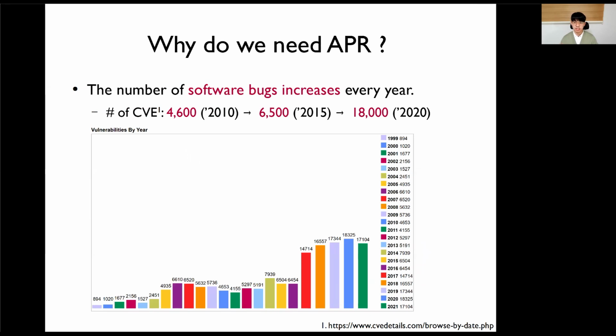For example, in 2010, the number of CVEs was about 4,000, but in 2015, that number had risen to about 6,000, and in the last year, that number had risen to about 18,000. That is the second reason we need APR techniques: the number of software bugs keeps increasing every year.